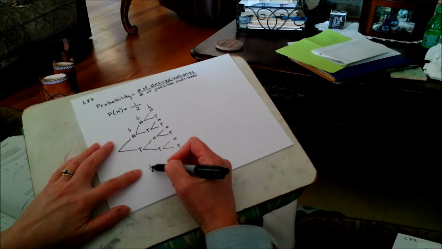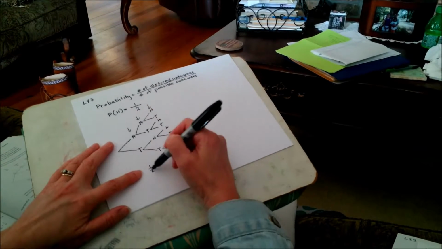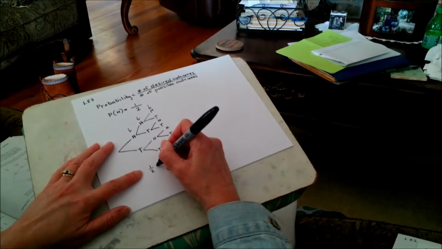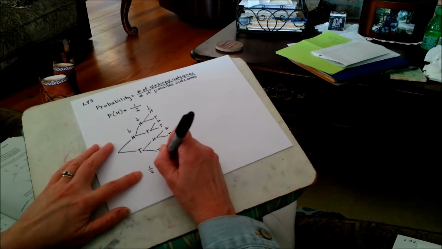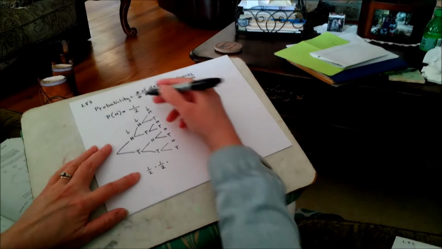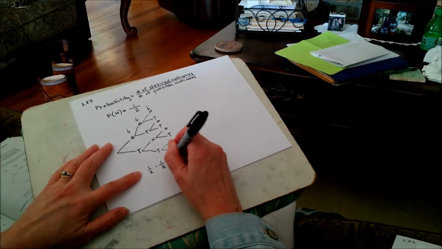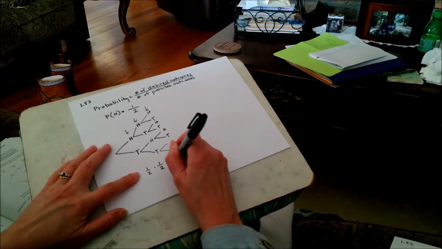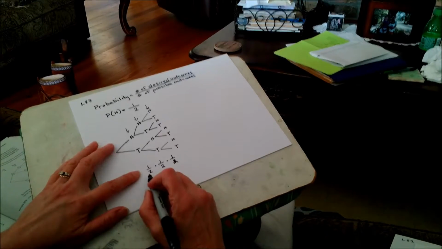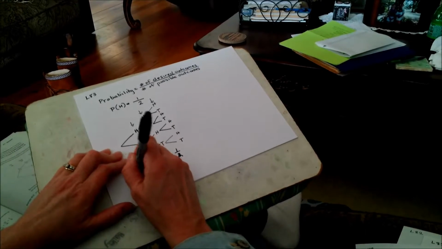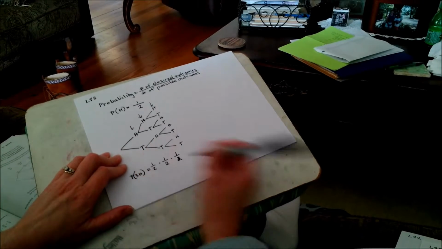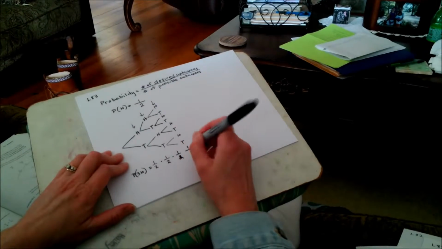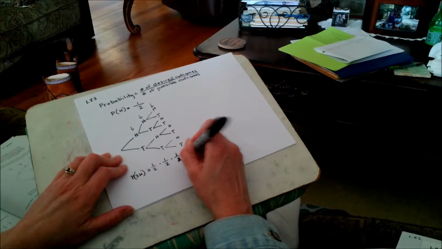So the probability of the first flip is 1/2. The probability of the second flip is 1/2. The probability of the third flip is 1/2, so the probability that I flip it 3 times and it lands on heads every time is 1/8.